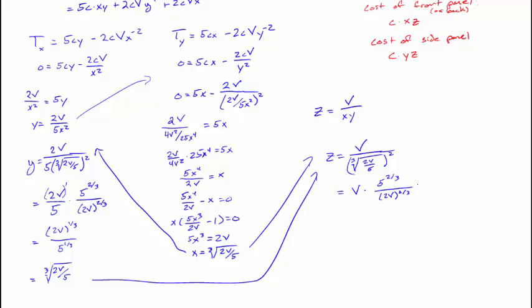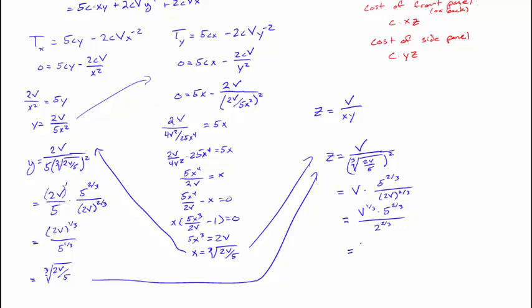So we're not going to have quite the same symmetry in the z direction. That's because we have the slate on the bottom. So the sides, we want to keep the slate nice and symmetrical to minimize its cost, but then we want to have the height be a little bit different since the glass is less expensive by a factor of 5. So let's see how that works out in our solution here. So we're going to have v to the 1/3 on top times 5 to the 2/3 over 2 to the 2/3.